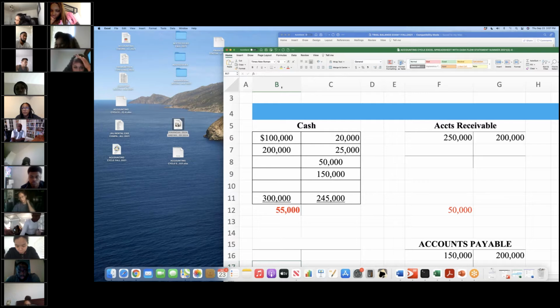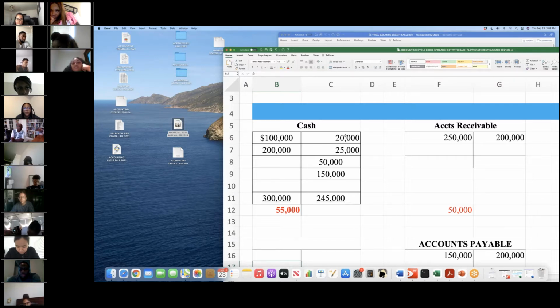Cash came in two times: when you started the business and when you collected on receivables. When cash comes in, we debit cash. 300,000 came in. You paid out cash 4 times, and that's typically the case. You only get 1 or 2 salary checks a month, but you pay a whole lot of bills.